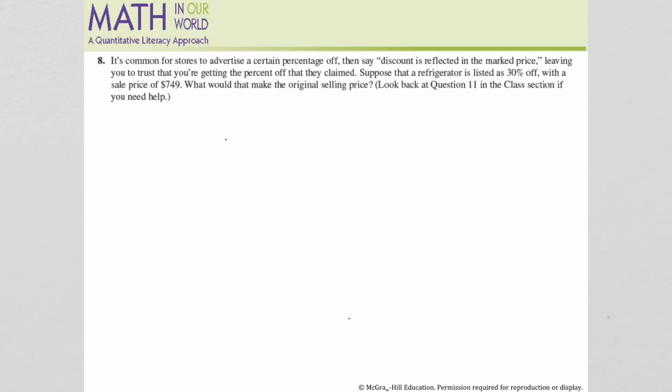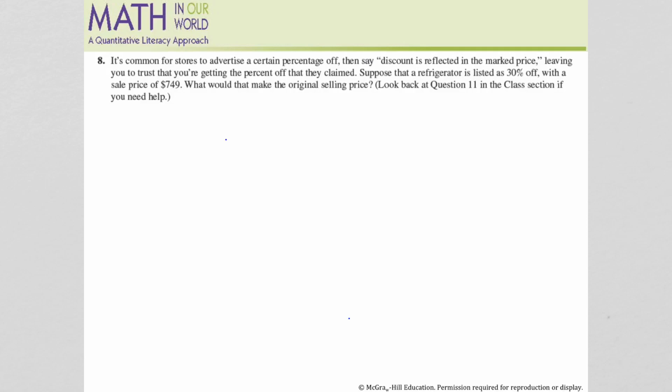It's common for stores to advertise a certain percentage off, then say discount is reflected in the marked price, leaving you to trust that you're getting the percent off they claimed. Suppose that a refrigerator is listed as 30% off with a sale price of $749. What would that make the original selling price?